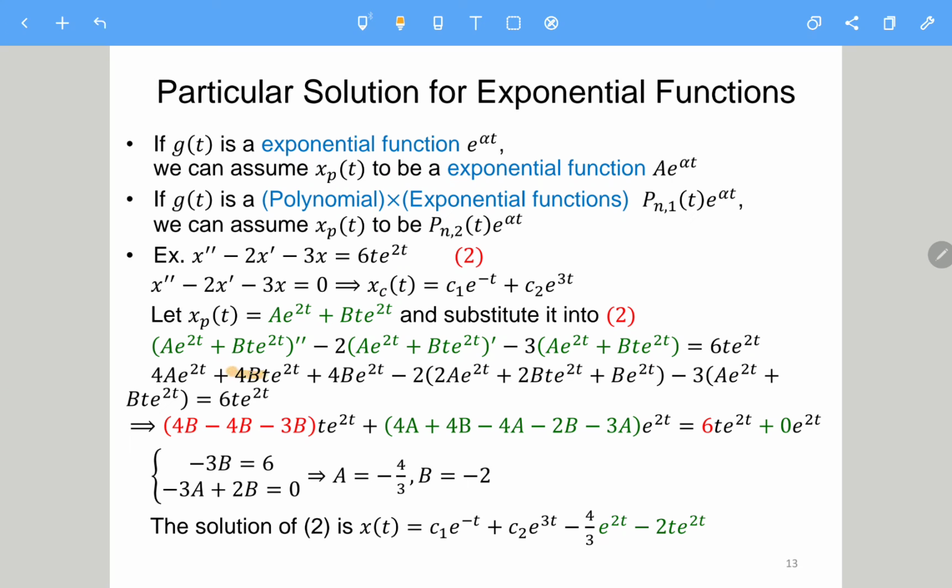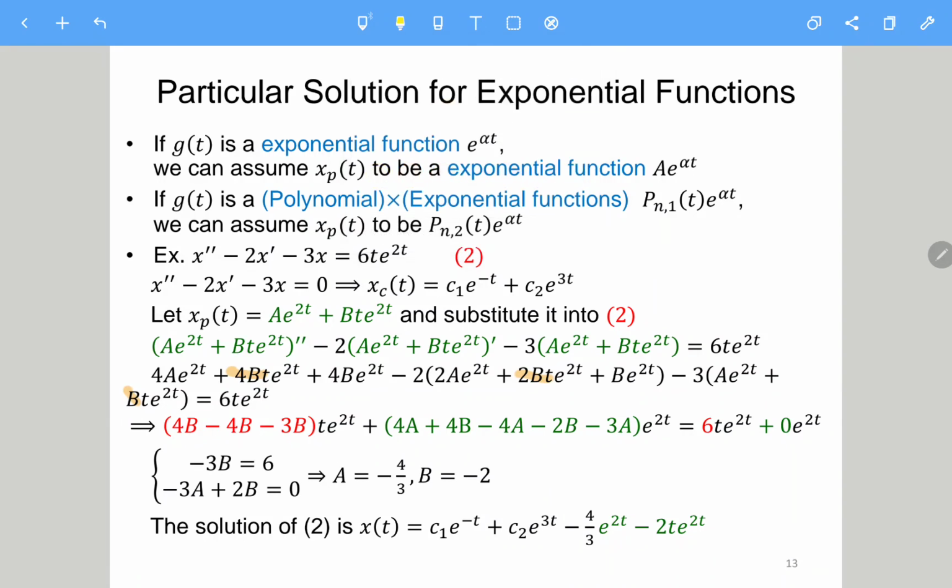So here we have 4bt exponential to 2t, and then we have minus 4b, and then we also have this one, minus 3b. So we have 4b, minus 2 times 2 for minus 4b, and then minus 3 times this one will be minus 3. So these are the 3 terms.